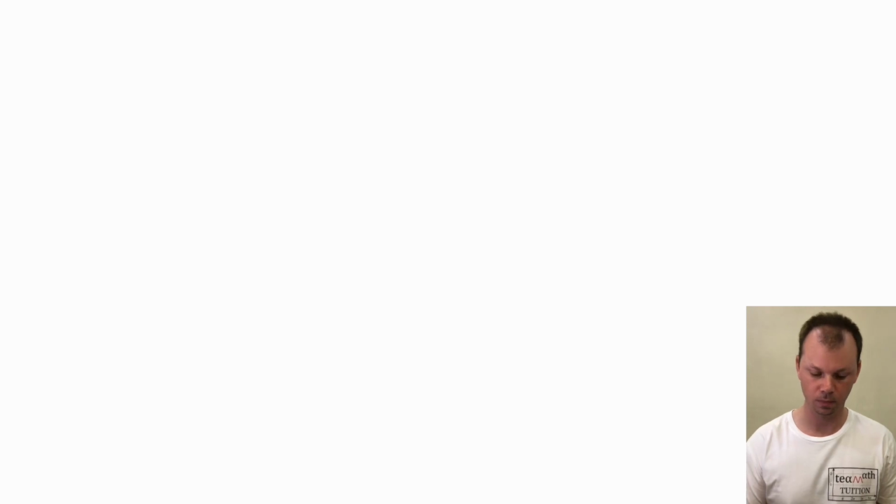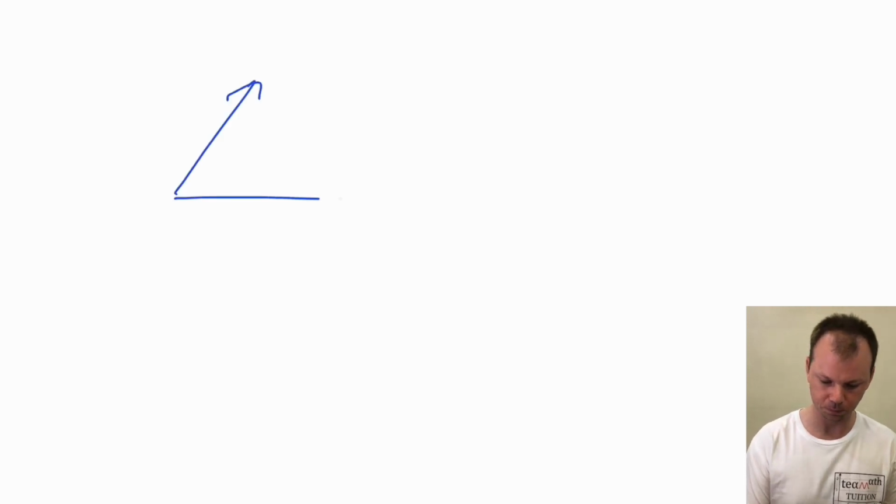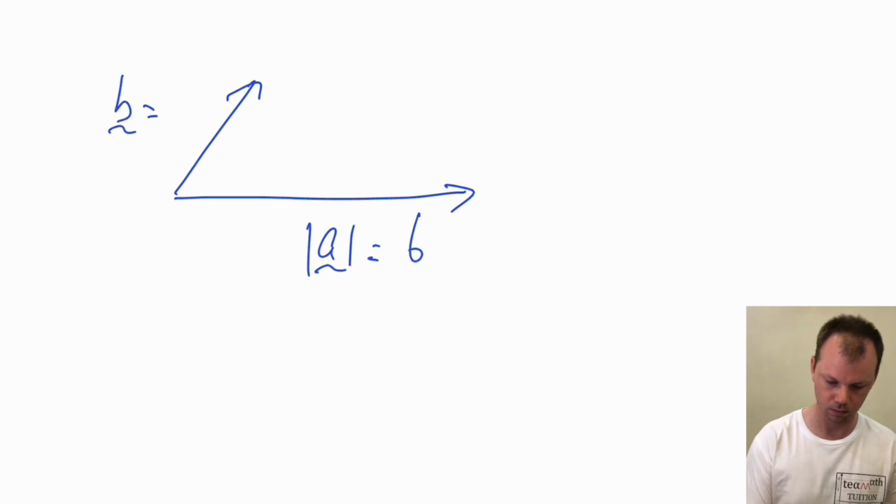One last point I'd like to make about dot product is to try and estimate it before you do it. So I'll give you an example. We had this angle was, I don't know, 65 degrees.